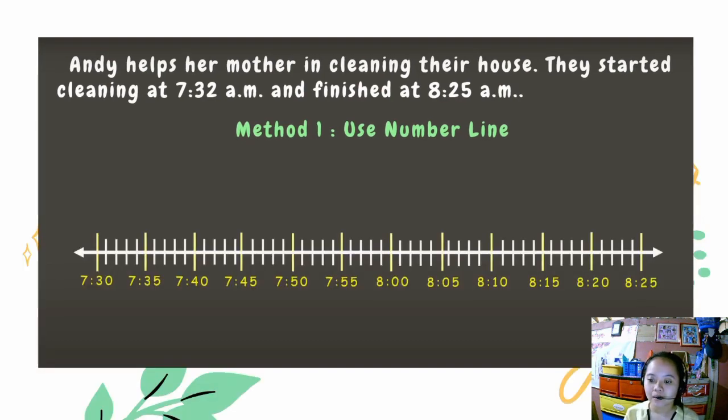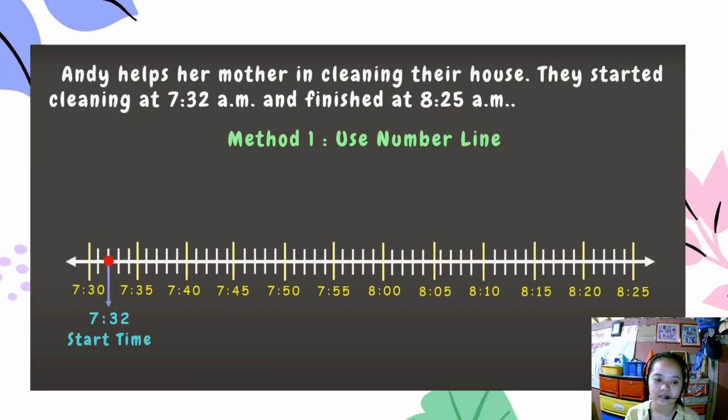So a number line looks like this. All we have to do is draw it like this and put some numbers. After doing the number line, all we have to do is identify the start time.